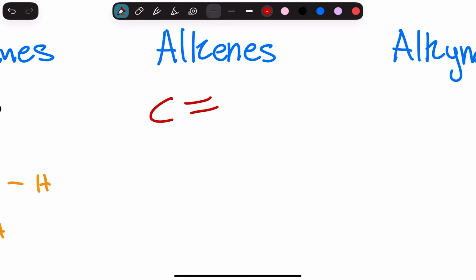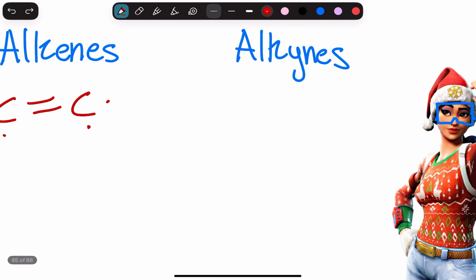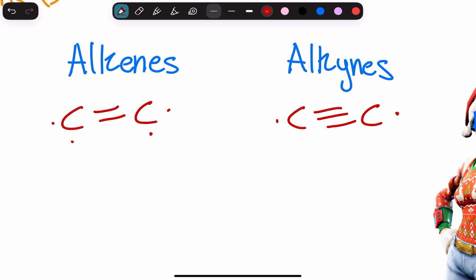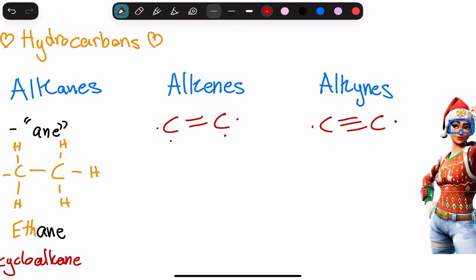So it's going to look something like this, meaning that this carbon atom can make 2 more bonds, and this carbon atom can make 2 more bonds, because it can usually make 4. 2 are already taken here, so it leaves you with only 2 left. And alkynes, similar enough, can make 3 bonds, which means we only have 1. It can make 1 bond here, and it can make 1 bond there. So that's the difference between alkanes, alkenes, and alkynes. Alkanes is only 1 bond, alkenes is 2 bonds, and alkynes is going to be your 3 bonds.